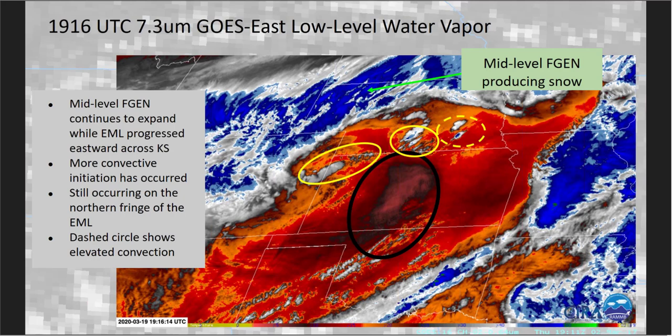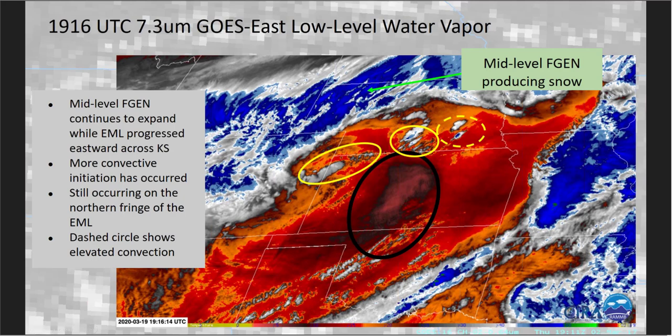Meanwhile, the EML is continuing to progress across Kansas, now located primarily across central Kansas, as it's mixing out further east. But you can see that on the northern and western fringe of that EML, we're starting to get much more broad convective initiation happening there.